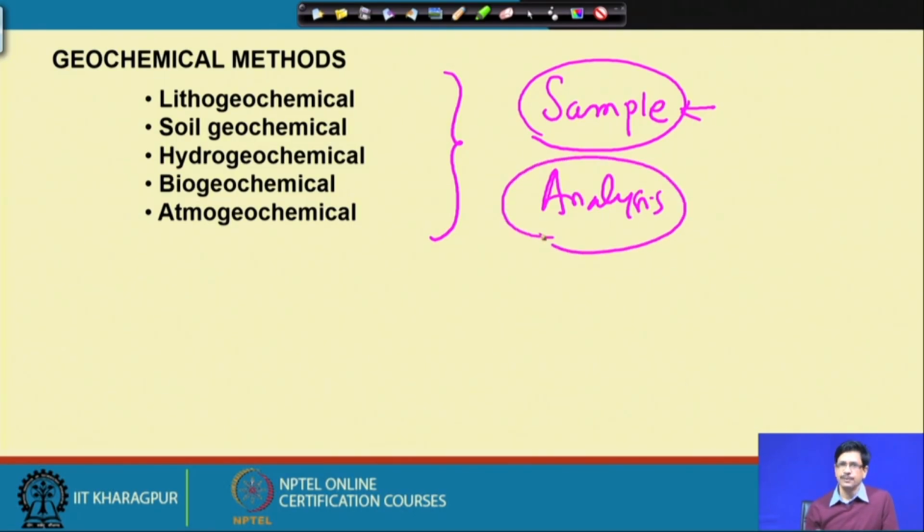Analysis is also important in the sense that it depends on analytical capability. If we think of what was available three to four or four to five decades ago, the instruments available for analysis had pretty high concentration ranges. They could possibly go only up to the parts per million range.